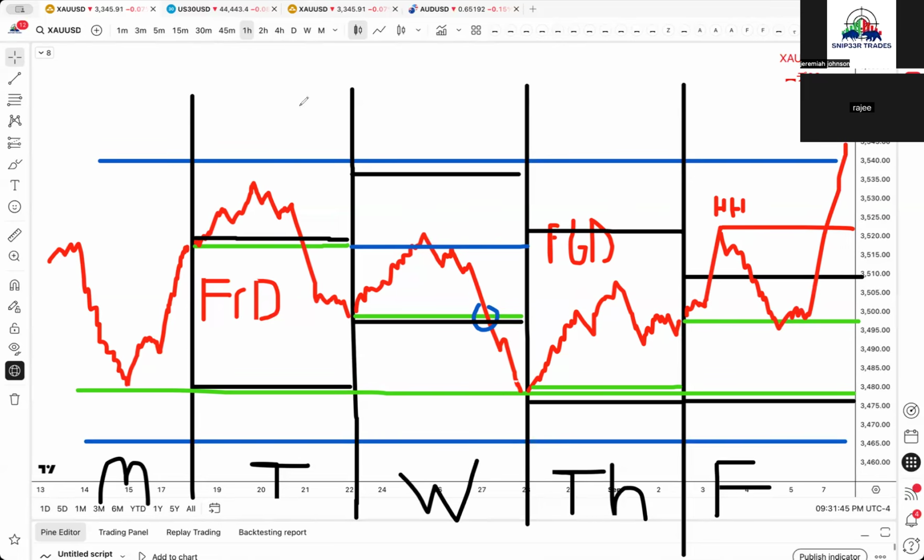Same exact thing. It's either going to be a pump and dump or a dump and pump. Monday to Wednesday or Wednesday to Friday. This could also be Thursday, Friday, Monday, or Tuesday, Wednesday, Thursday. We're looking for signal days.